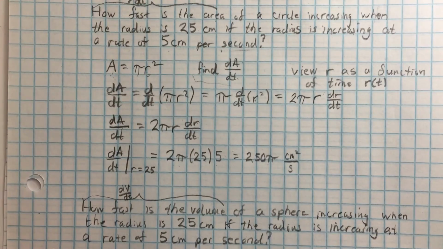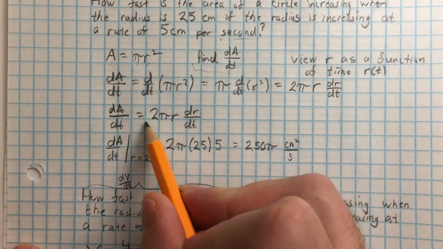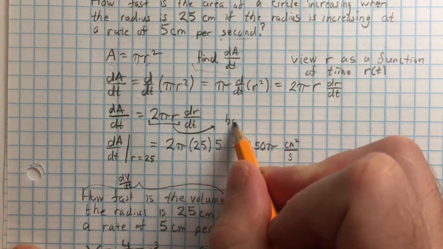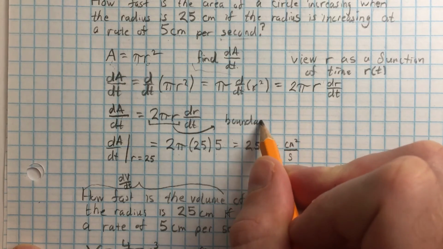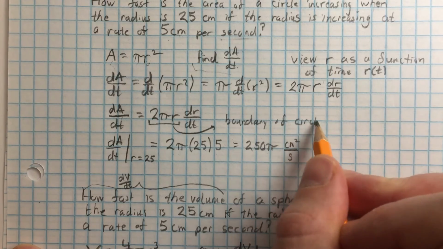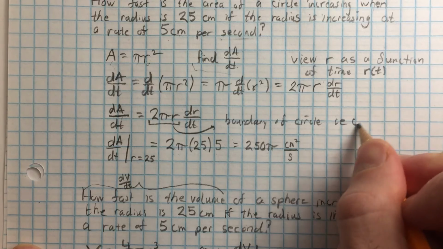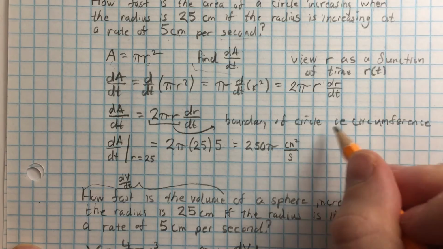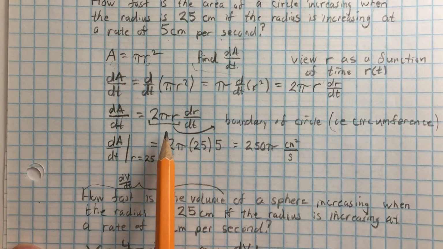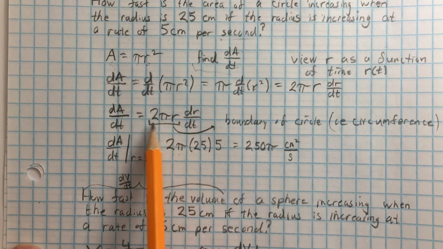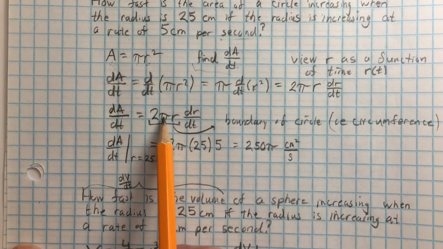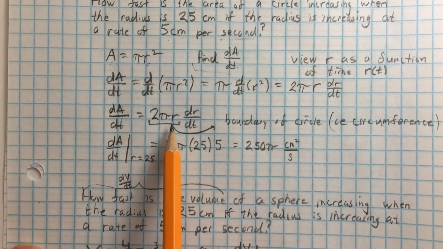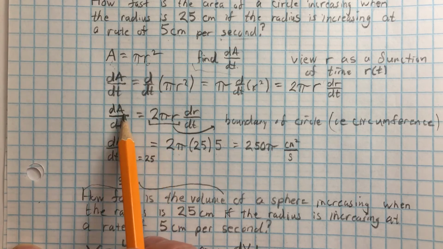But if you notice the way the expression looks, this 2 pi r is nothing other than the boundary of the circle, right? It's its circumference. Okay, so that even makes some sense, right? That the boundary should control this particular proportionality between the change of the area and the change of the radius, that the boundary of the circle should have some sort of role to play in how the area is changing.